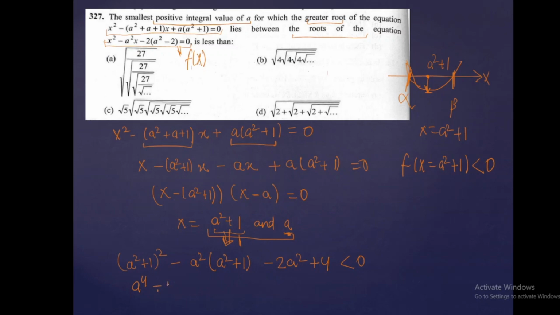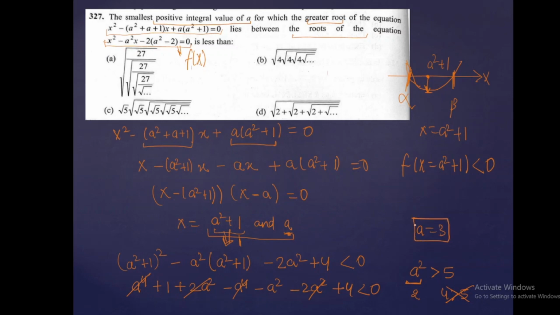On simplifying, a⁴ and a⁴ cancel, 2a² cancels, and we are left with a² is greater than or equal to 5. Since a is a positive integer, if a is 2, we get 4 greater than 5, but this cannot happen. So the minimum value of a will be 3.